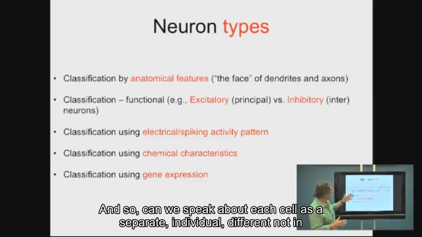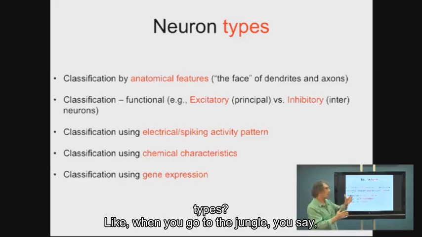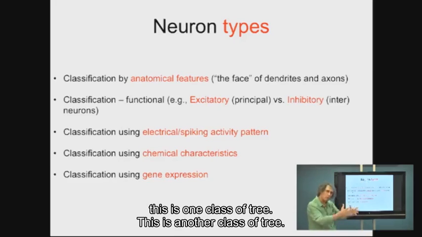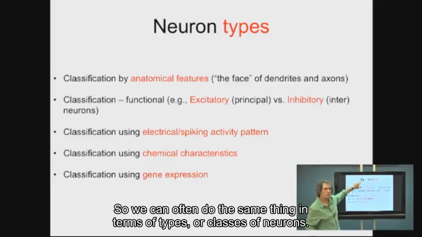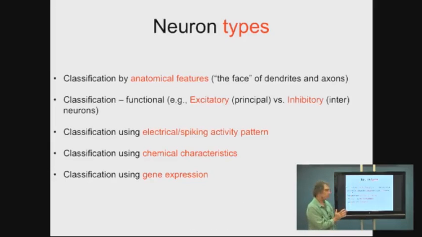And so can we speak about each cell as a separate, individual, different, not in terms of not being connected, but type? Or can we speak about classes of cell types? Like when you go to the jungle, you say, this is one class of tree, this is another class of tree. So we can also do the same thing in terms of types or classes of neurons. We can classify neurons by anatomical features.